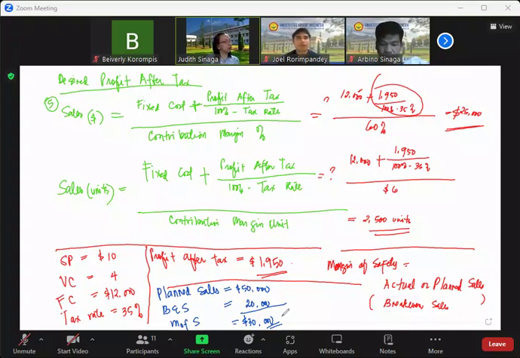Wah, ini banyak di sini. Soalnya banyak. Bisa di erase? Bisa? Belum? Sudah, Ma'am. Sudah ya? Oke.